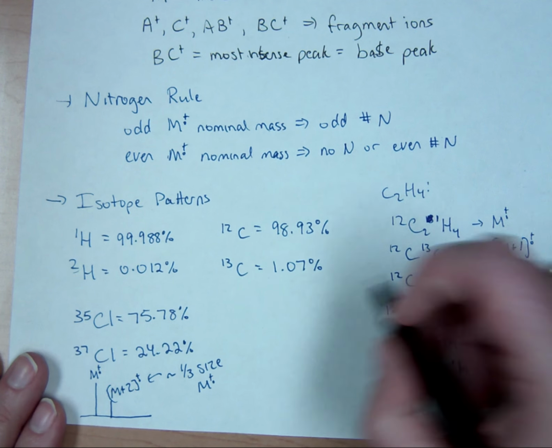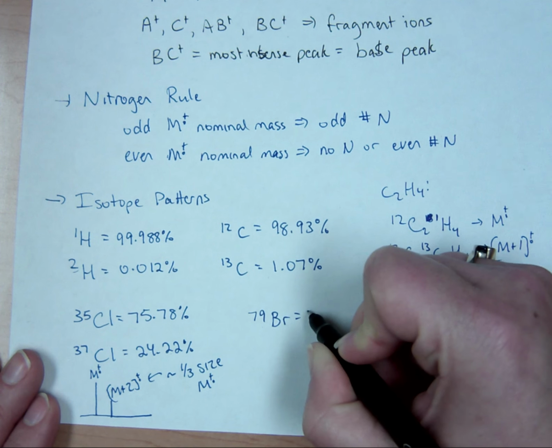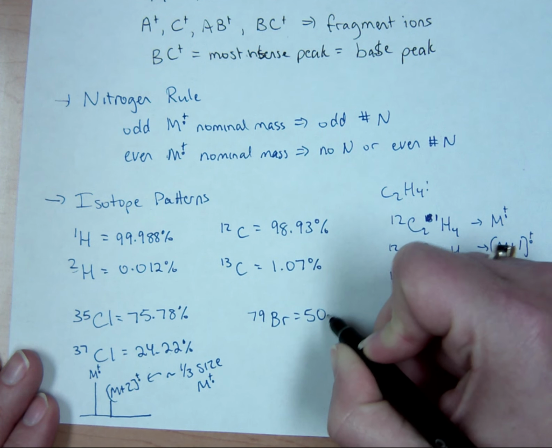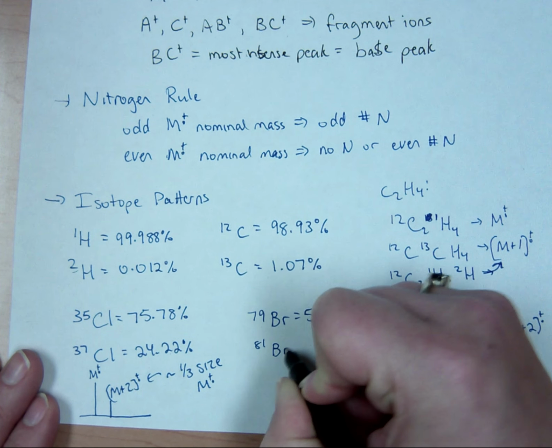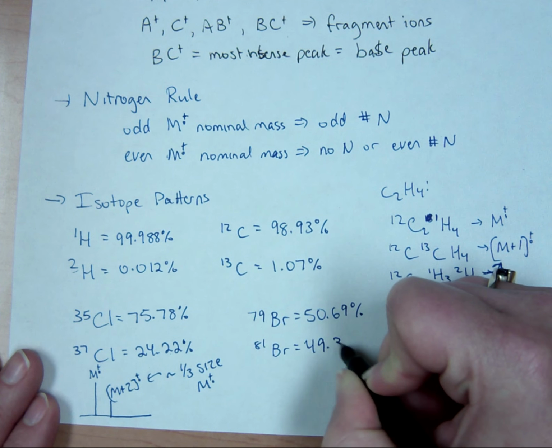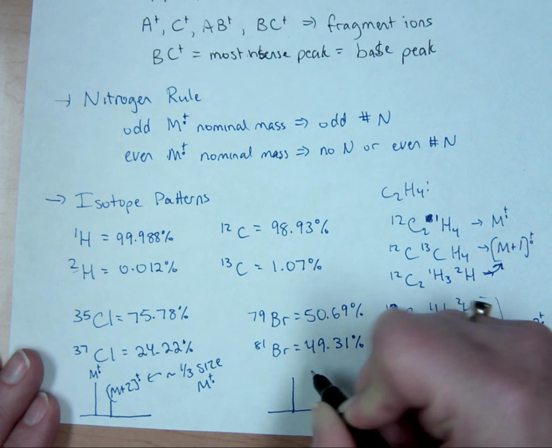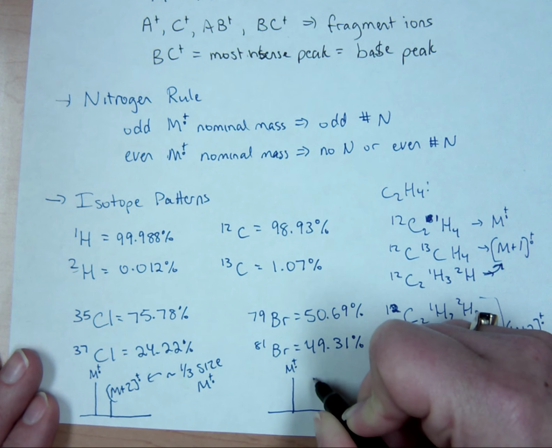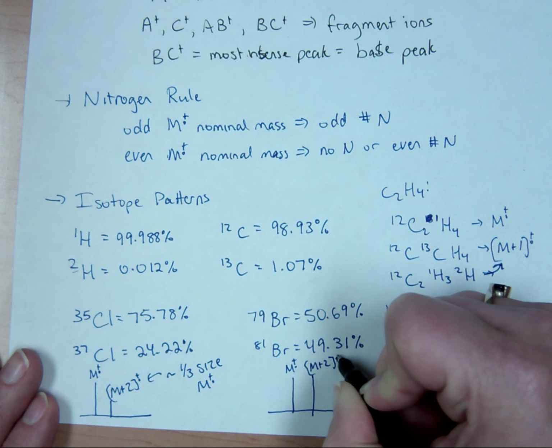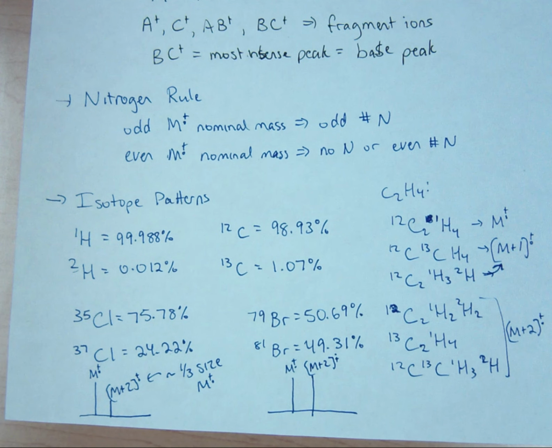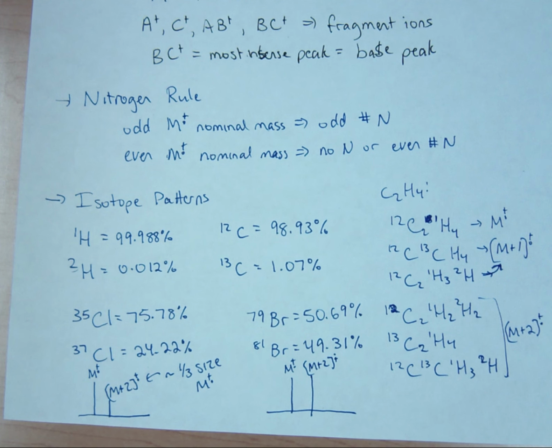Now the other one that's really interesting that we look for is bromine. Bromine is bromine 79, 50.69%, and bromine 81, 49.31% of the time. And so your M dot, or your molecular ion, and your isotope ion for the M plus 2 are about equal in size because the probability of having each of these isotopes is very, very similar.